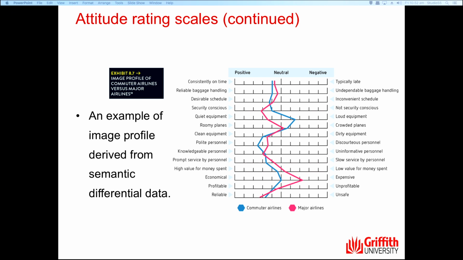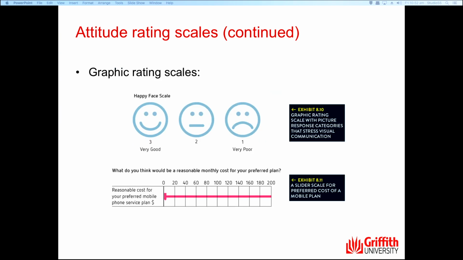So if you work for this airline, then you can see which of these aspects, which of these attitudes, actually affect consumers toward your services if you work in the airline industry. We also have, in terms of measuring attitude, the graphic rating scale.